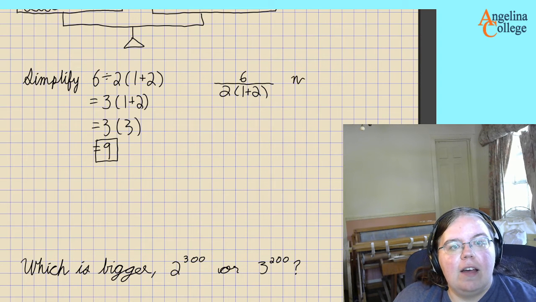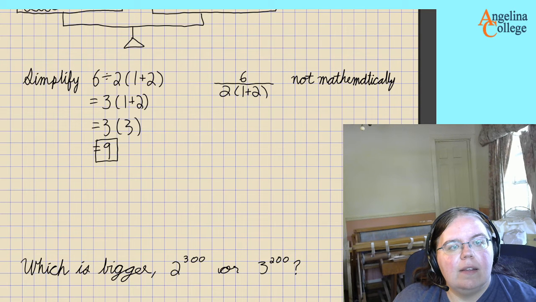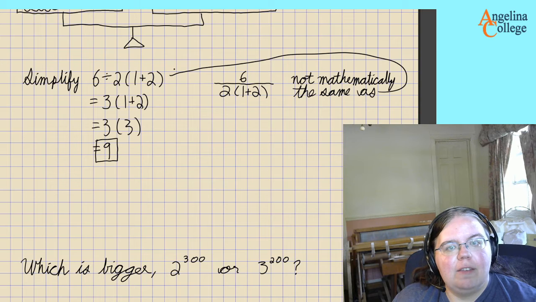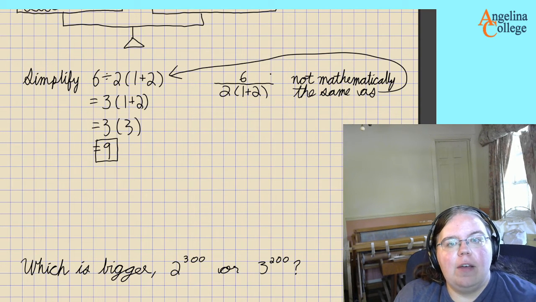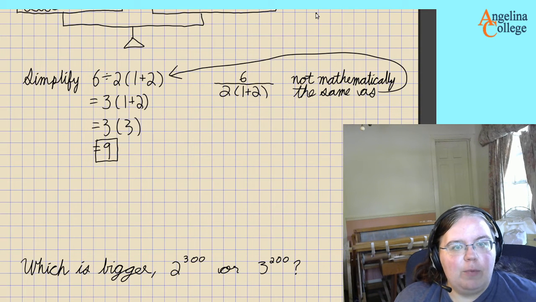So this is not mathematically the same as the previous expression. But it's such a common thing to do that there are actually calculators out there that will read it this way because they know that that's what people mean.